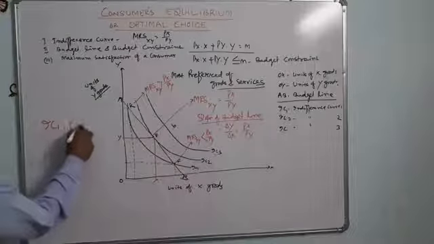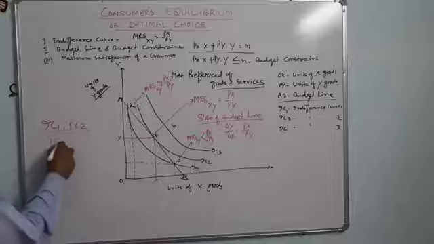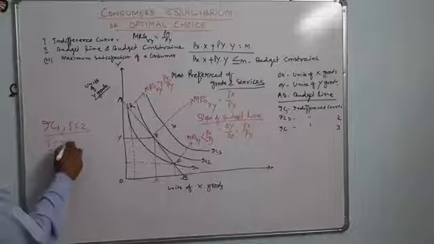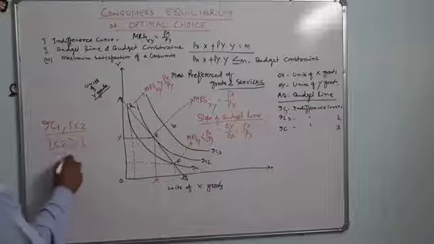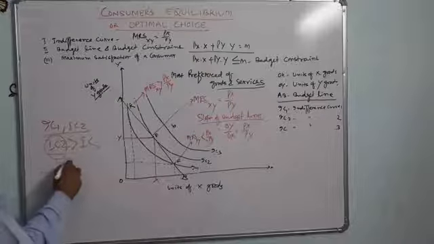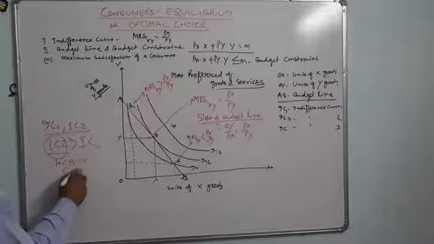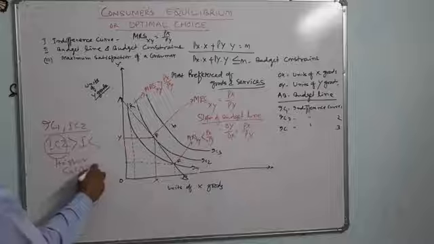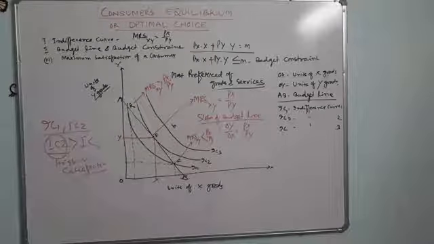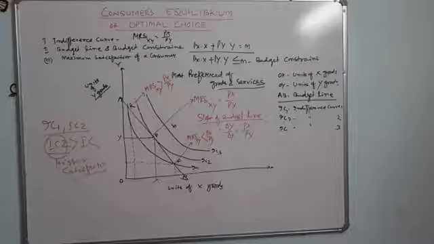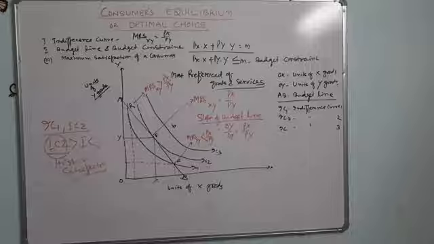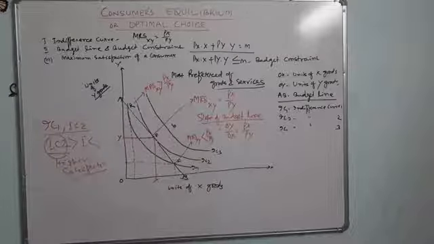So the consumer will prefer IC1 or IC2. Naturally IC2 will be preferred because IC2 is greater than IC1, giving higher satisfaction. Maximum satisfaction he will get, so he will prefer point E. The consumer is better off moving back up towards point E. The optimum point is always located on the budget line.